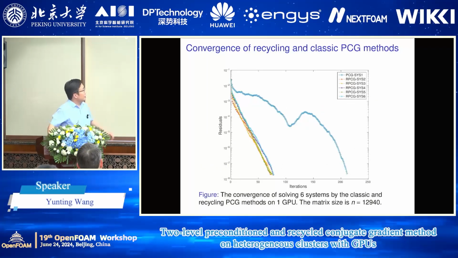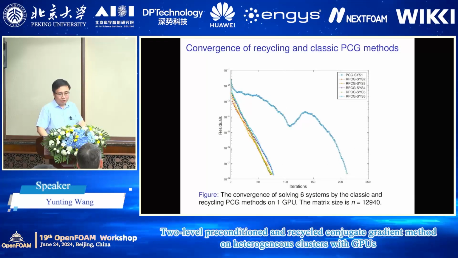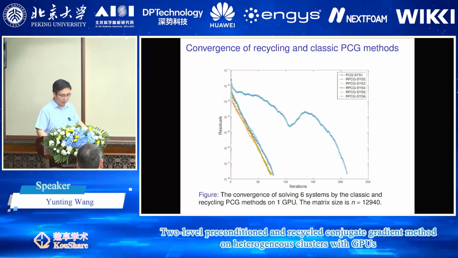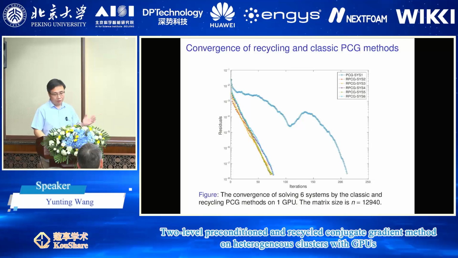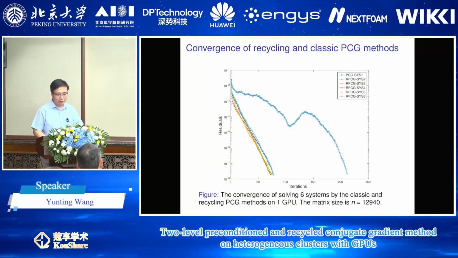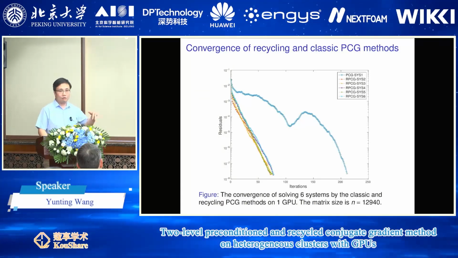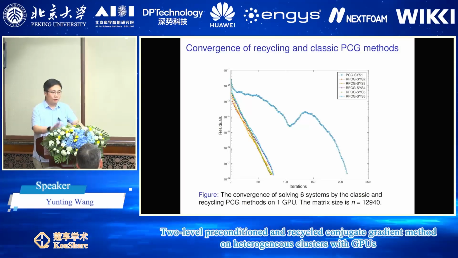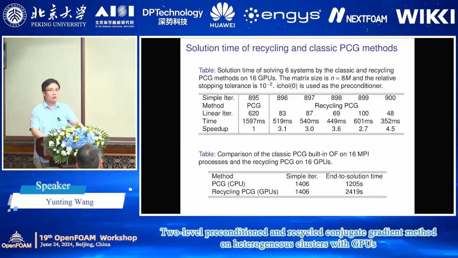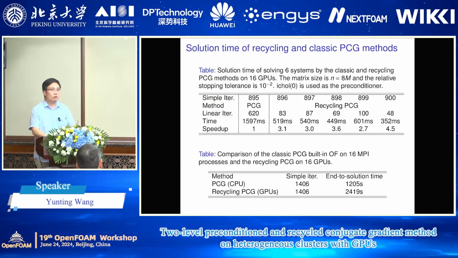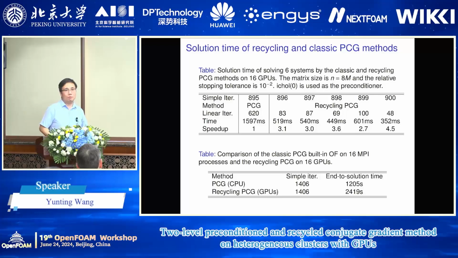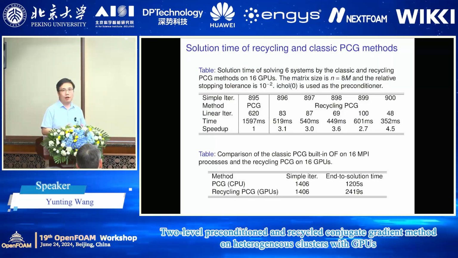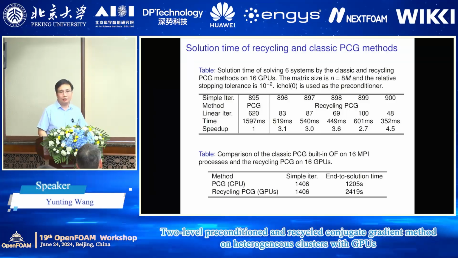That's a very typical situation where the recycling method can work nicely. When you use the standard PCG method to solve the first equations, it takes 200 iterations. After that, you switch to the recycling method. You can see that the number of iterations is only about half of that, so convergence is faster. And this faster convergence finally transfers into benefits in solution time, because the dense matrix-vector multiplication is efficiently done in GPUs.